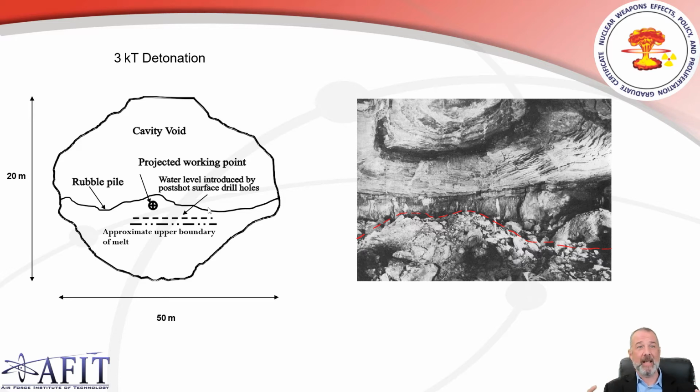And then outside of that, as we move outward, we're fracturing the material, and as we move out, we're doing that deformation. We'll see that here in 1 second. So that approximate upper boundary of the melt is kind of where the pool of melted material would have collected at the bottom of this chamber that we've created.